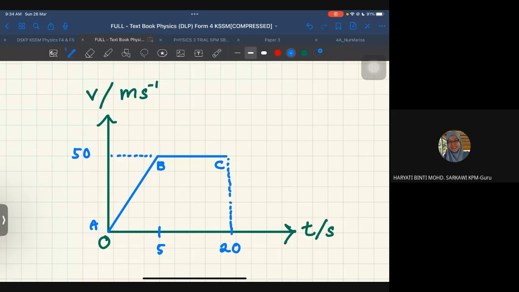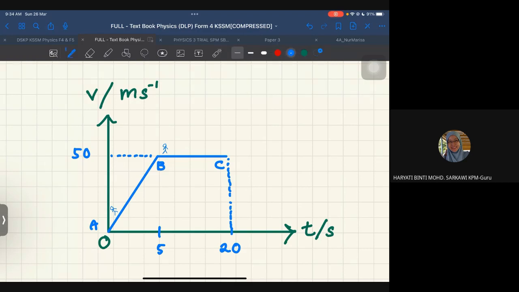How hard it is when you run on that track. Which one is harder? Which one is not hard at all? Okay, so here actually this is constant gradient. What about this? Any gradient at BC? No gradient. Very good. Betul. So gradient at BC is 0.